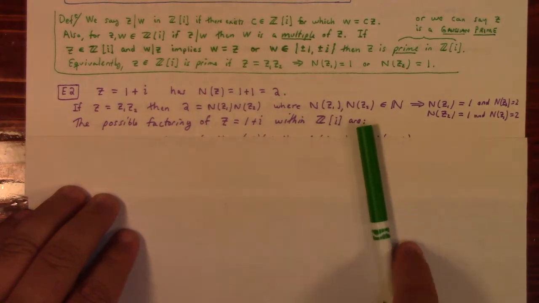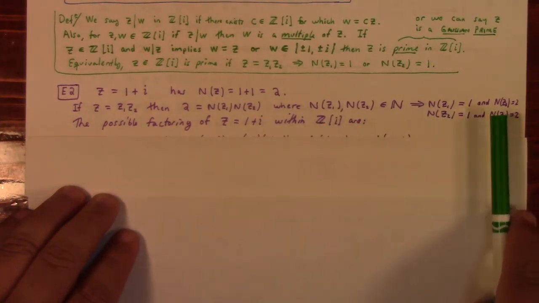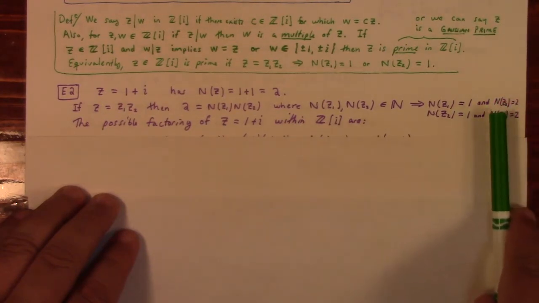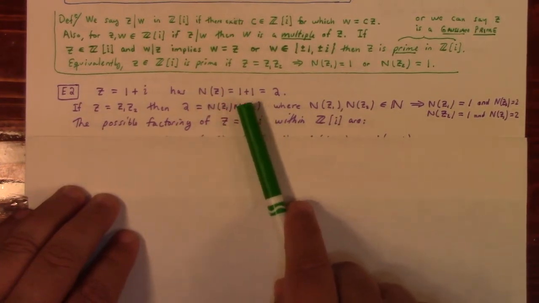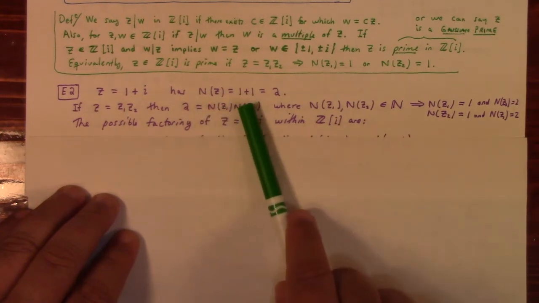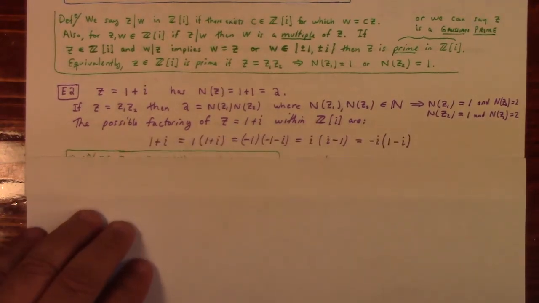Which would then imply that either the norm of z1 was 1 and the other one was 2, or the norm of z2 was 1 and the norm of z1 was 2. So any way you slice it, if we've got the product of two integers being 2, it forces this to either be 2 times 1 or 1 times 2. So, hey, great, that means that 1 plus i is in fact a Gaussian prime.